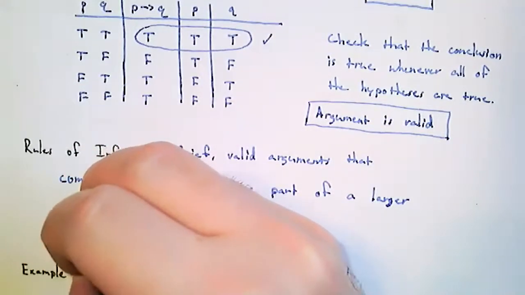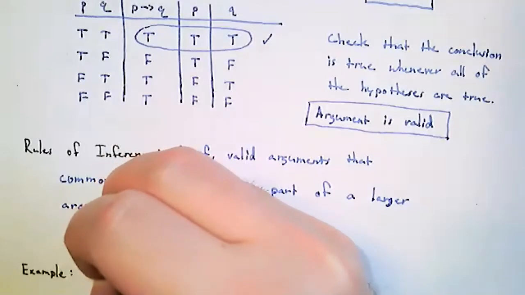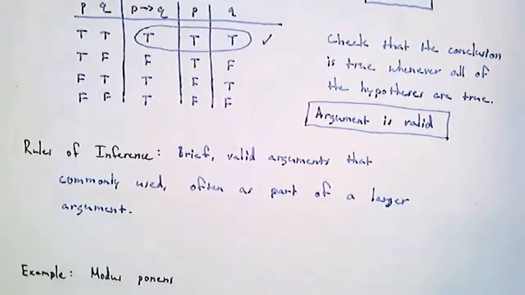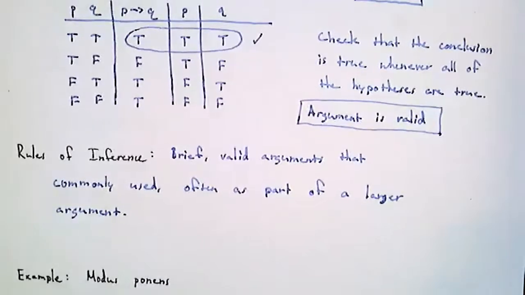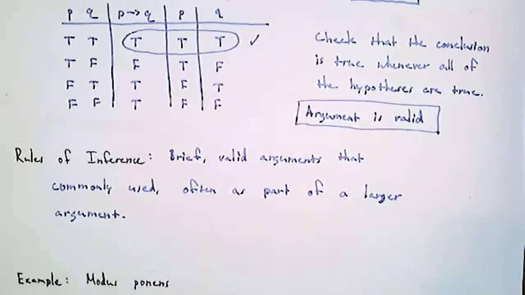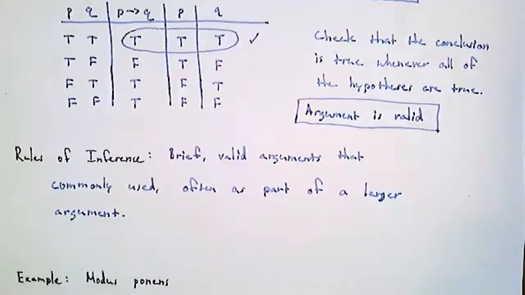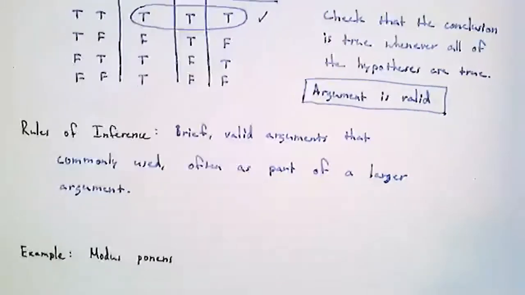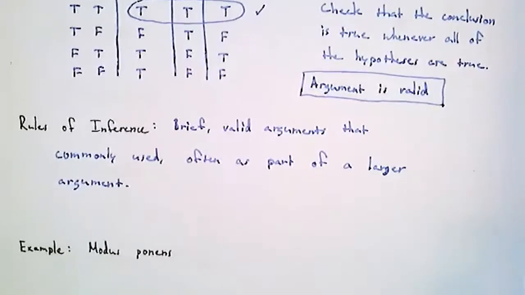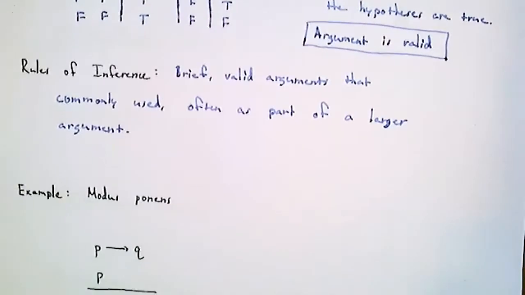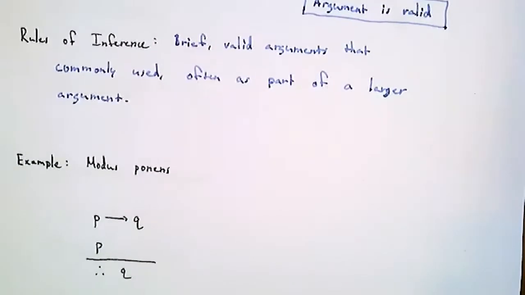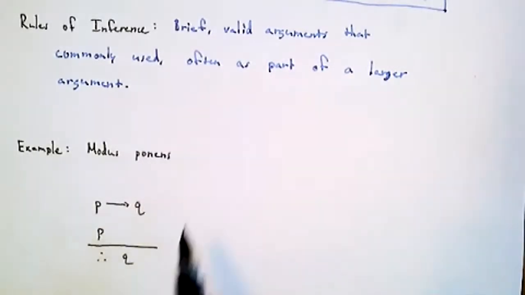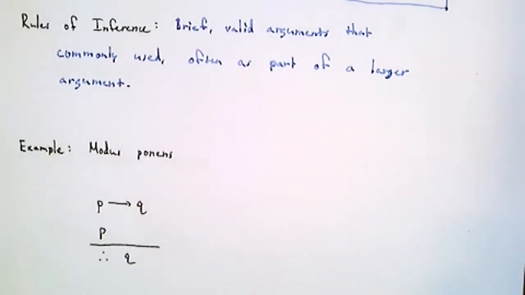And these so-called rules of inference, they go back a long time. We're going to see in a second that they go back at least as far as the Romans, and some of them have Latin names attached to them, because people have been thinking about logic and arguments for a very long time. So the first rule of inference is called modus ponens, and it's the one that we just did.